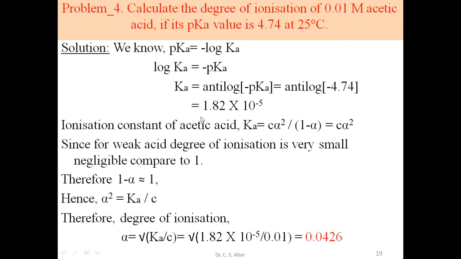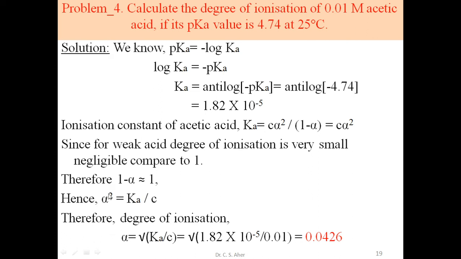We have the value of Ka, we have the value of concentration C. Putting this value in, this is the value of alpha square. We have to calculate the degree of ionization, that is alpha.